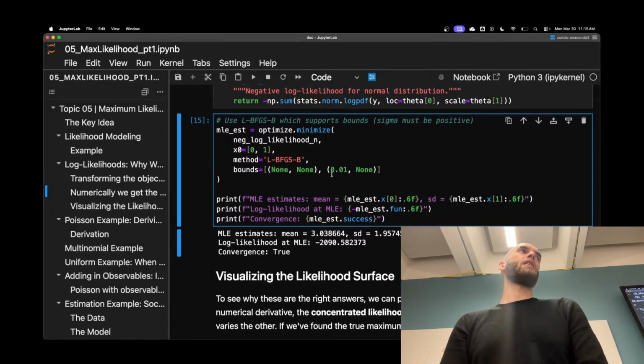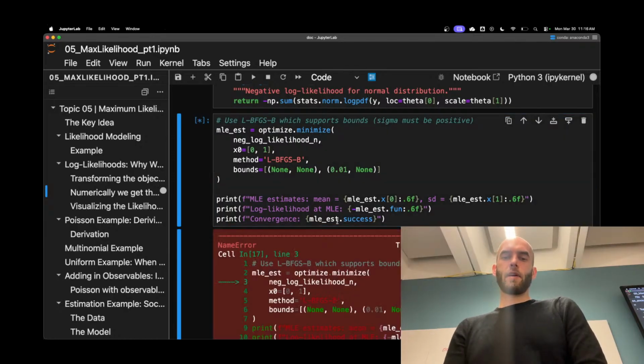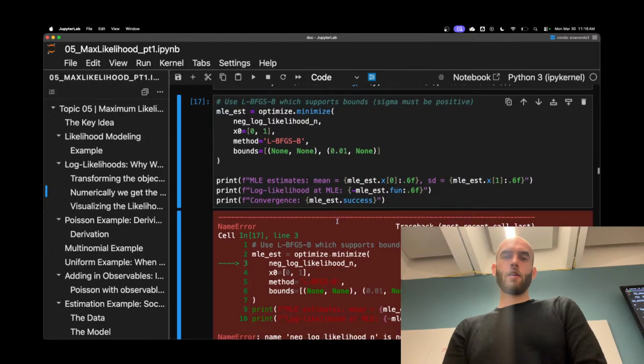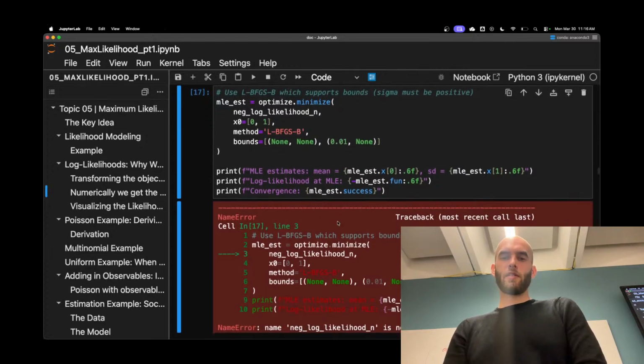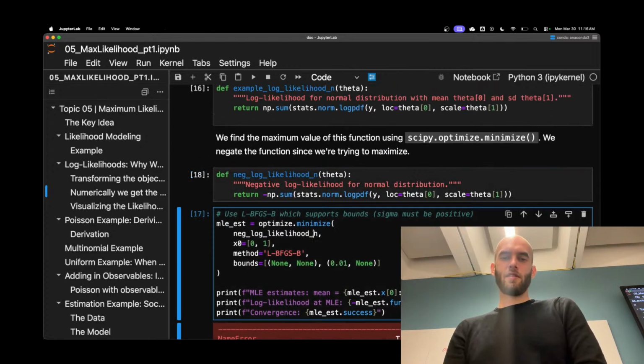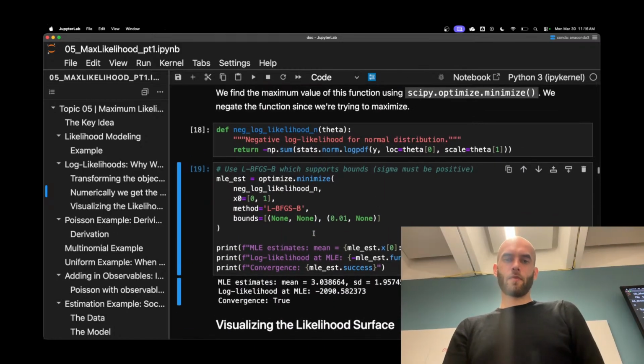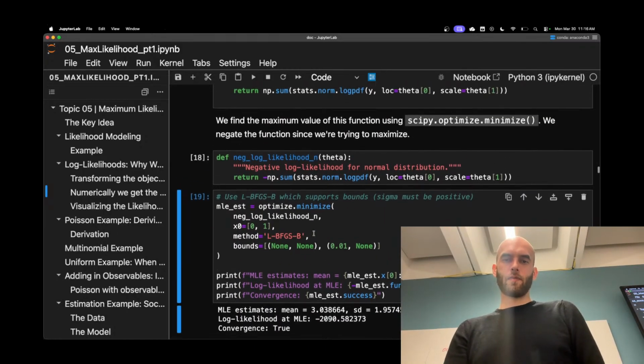So this is just going to be slightly positive, essentially an increment above 0. And then I'm going to run this. It's going to print out the estimates and give us some nice results. Look at those nice results. So that looks like this.